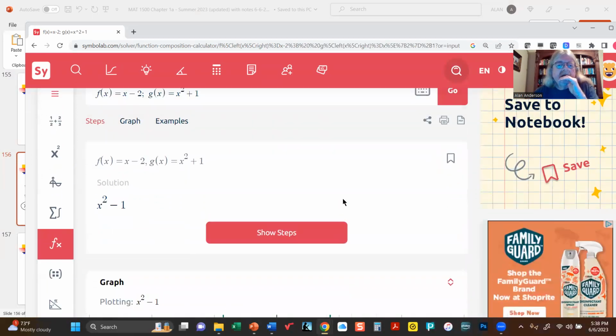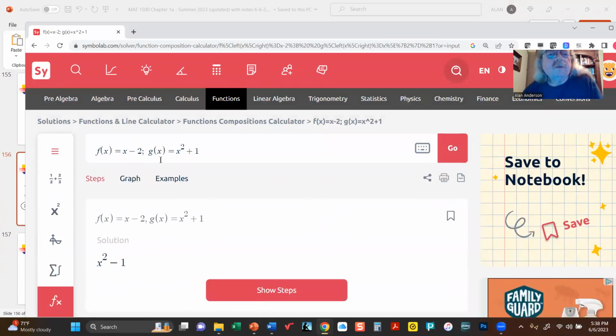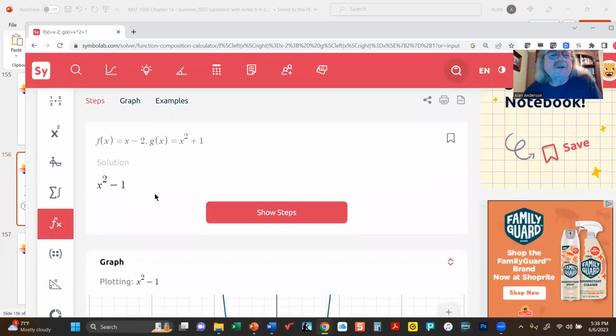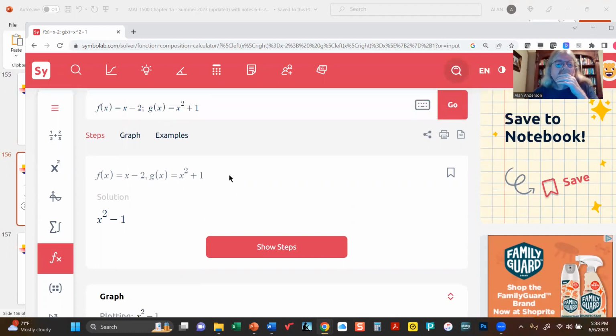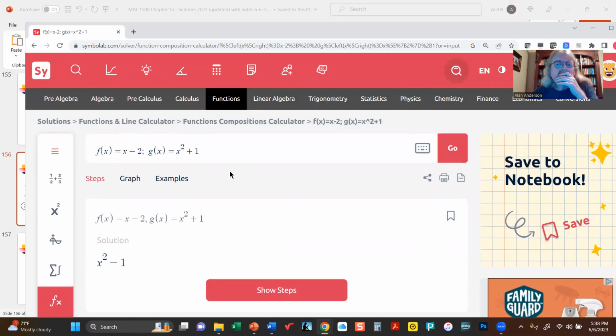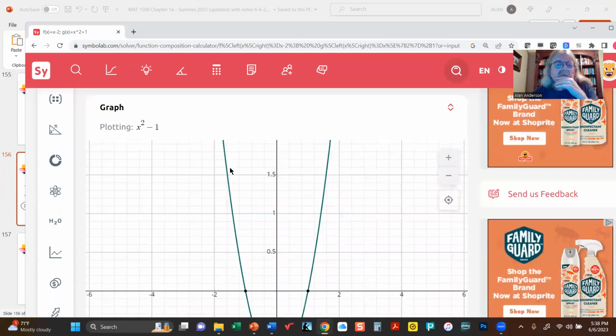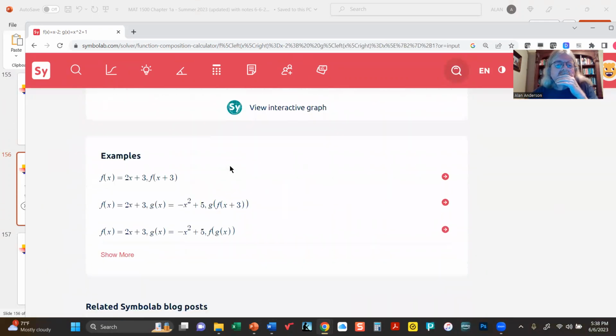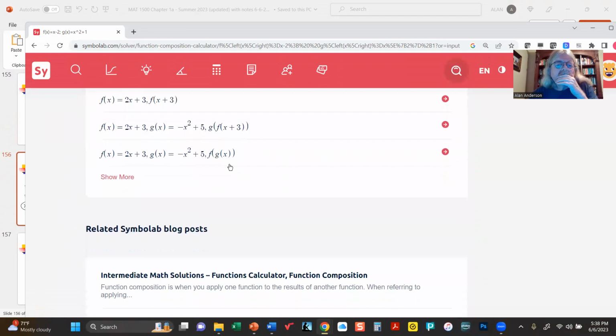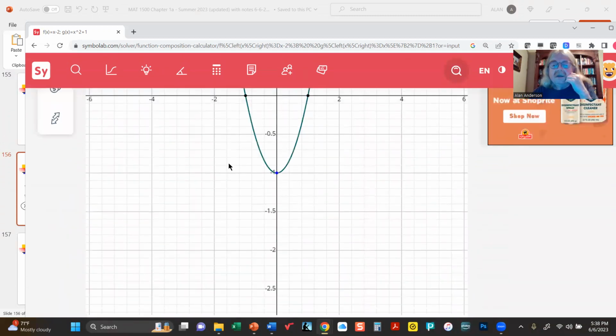Okay. See, the thing is, it's reading them, but now I don't see how you're supposed to ask it for the composition. Well, you know what?